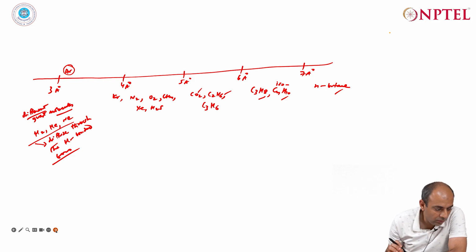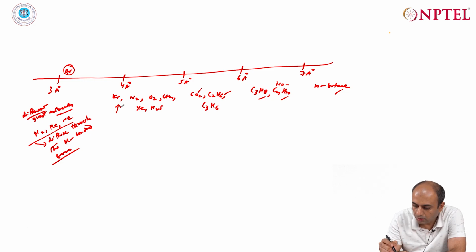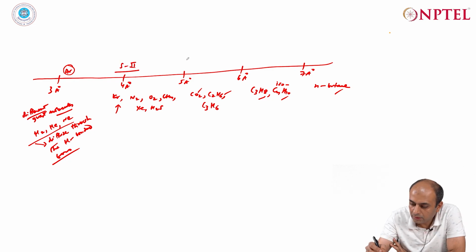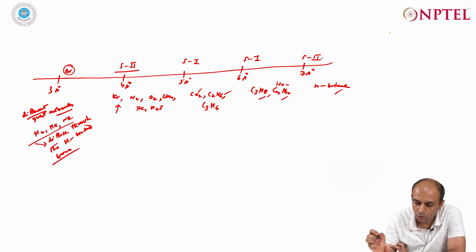Now, what has been observed is what structure type is obtained when you have these guest molecules with the host structure water. So, they tend to crystallize in S2 type, here they crystallize in S1 type, here they crystallize in S1 type, and here they crystallize in S2 type.